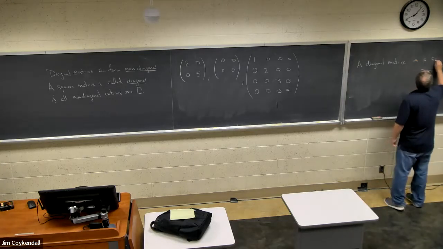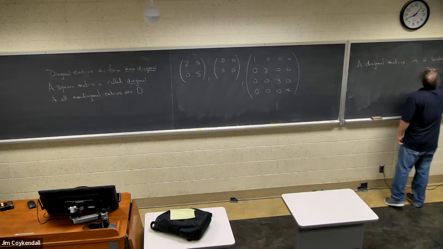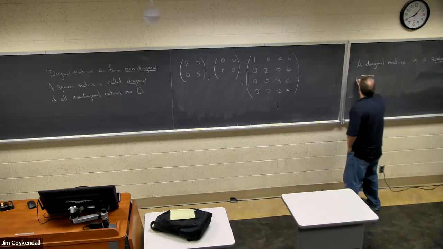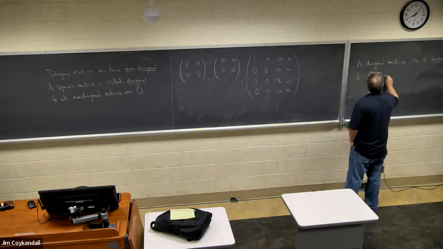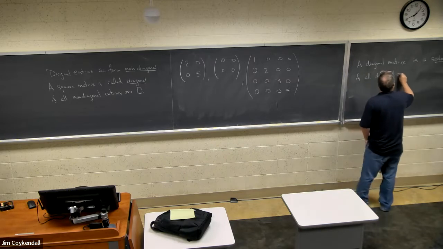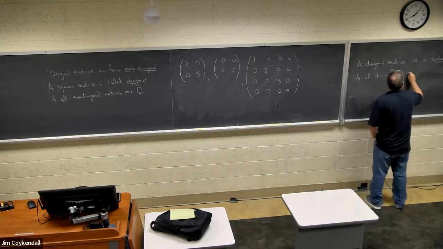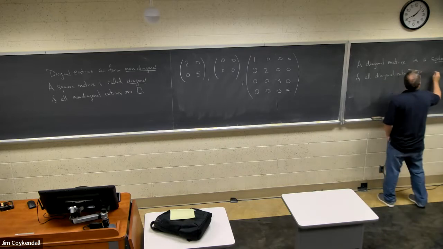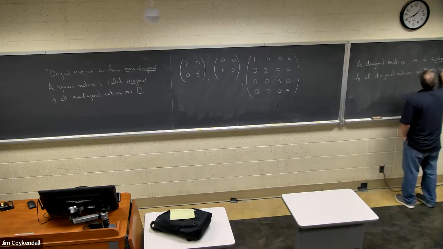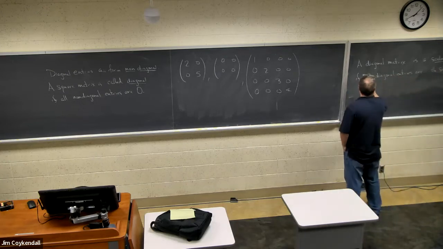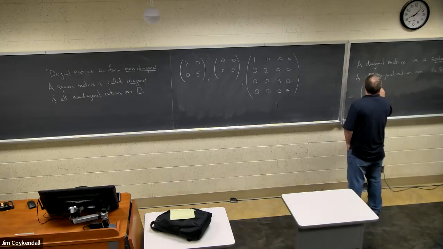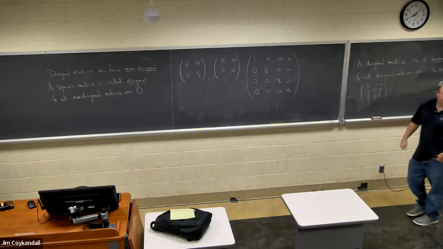A scalar matrix is a diagonal matrix if all diagonal entries are the same. So, for example, that's a scalar matrix.